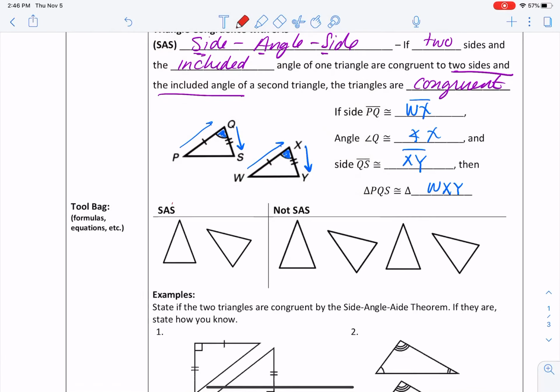So to be side angle side, notice that it goes around in kind of a flow. Or it can be side angle side. But each time the angle was in between the two sides that we were given to be congruent.